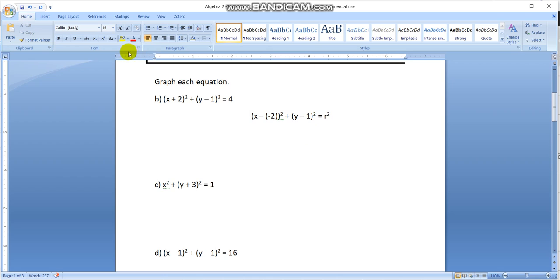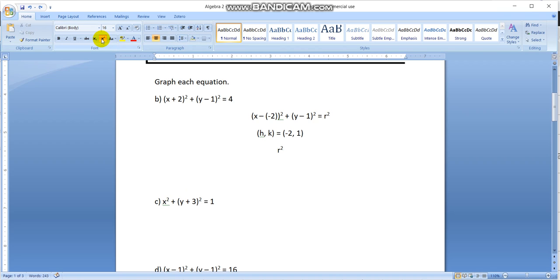So our center of the circle, h comma k, is negative 2, comma 1. Our radius is found by taking this expression here. That's r squared. R squared is 4.